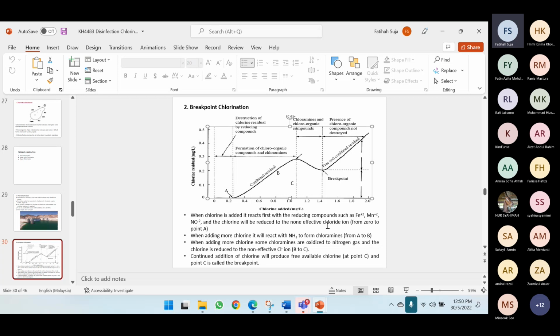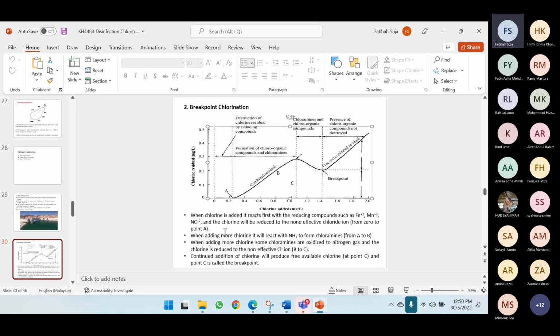You have other reducing compounds, and the chlorine will be reduced to the non-effective chloride ion, meaning the chlorine is used up, destroying the chlorine residual by reducing compounds.